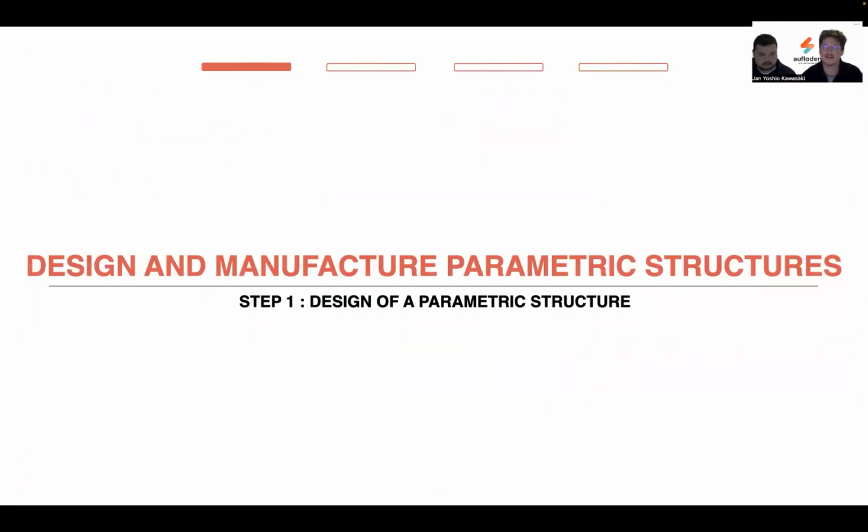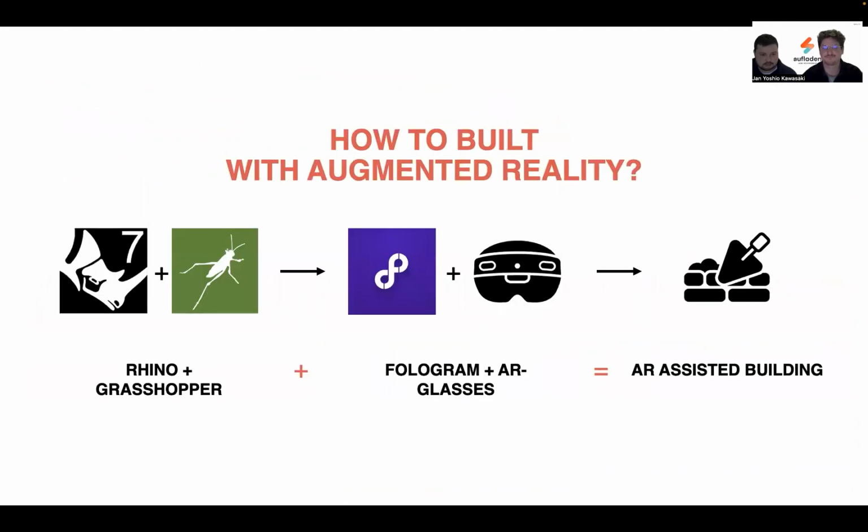In the following slides, we explain the design and fabrication process of a parametric structure. Step one here describes the design. First of all, an overview of the entire process is roughly summarized. Using Rhino and Grasshopper, parametric structures are designed and studied in advance.